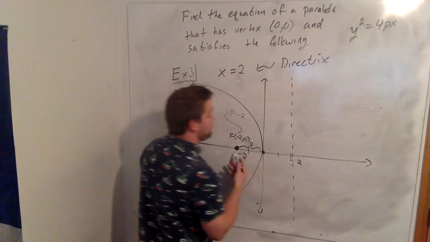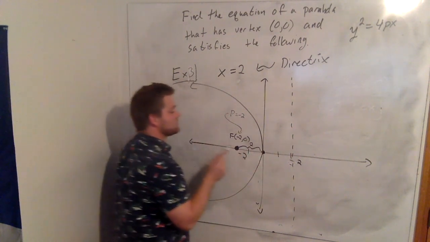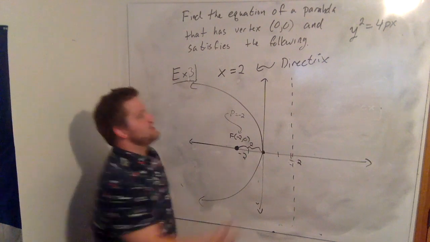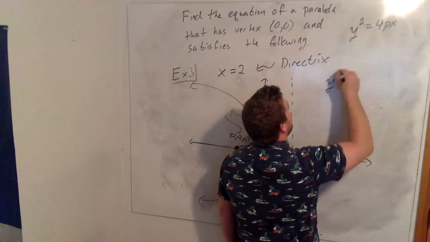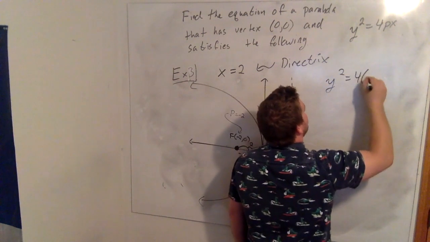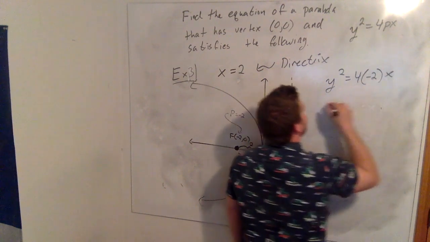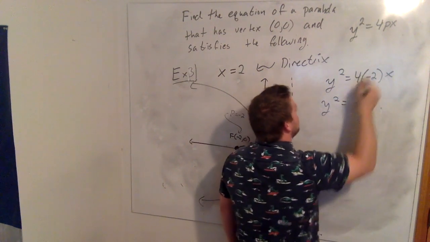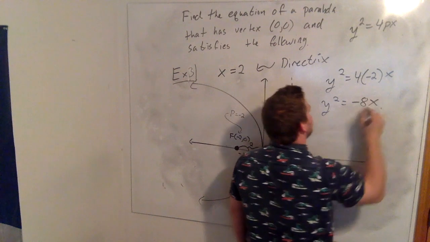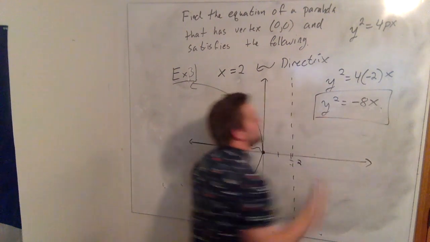And since the focus is to the left of the directrix, we'll write -2 for our p. So y squared is going to be equal to 4 times negative 2x, so y squared will be equal to negative 8x. And there we have it.